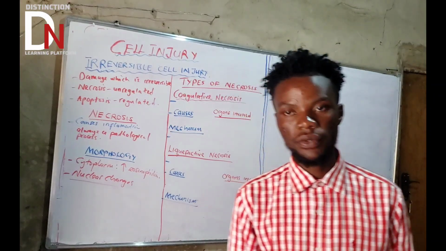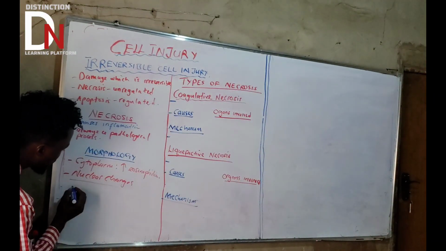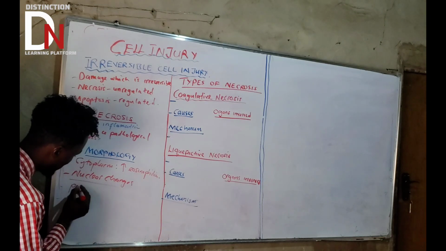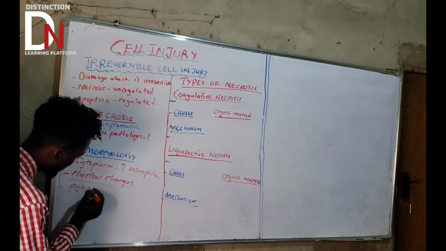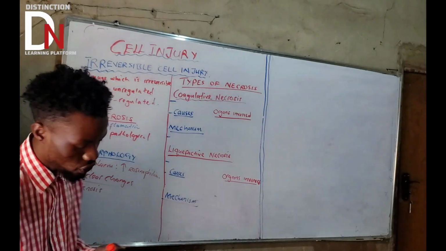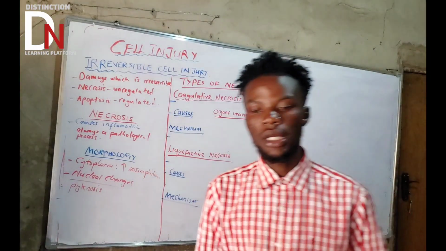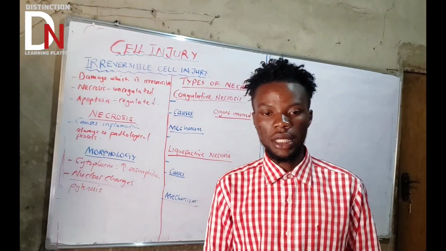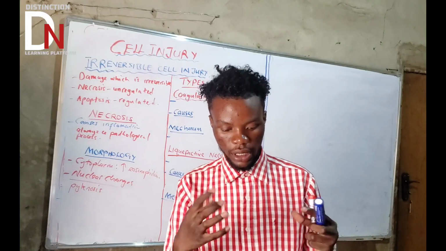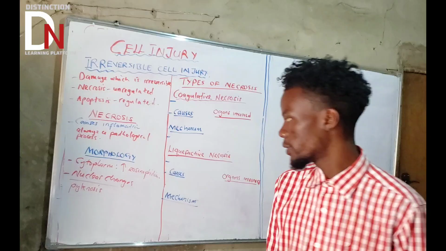Pycnosis. That's the first nuclear change that you are going to see. What is pycnosis? Pycnosis is the shrinkage of the nucleus. The nucleus is decreasing in size, and then it's undergoing what we call pycnosis.